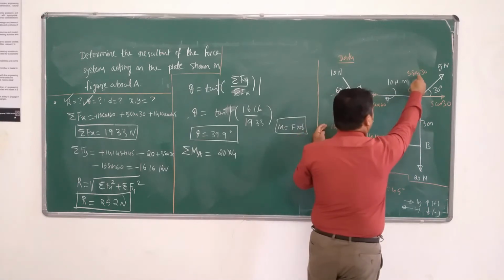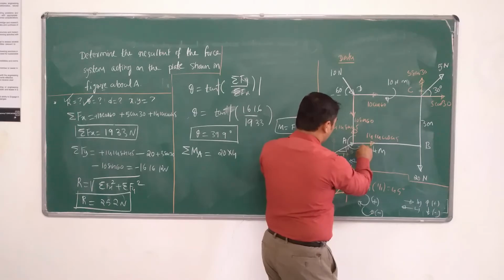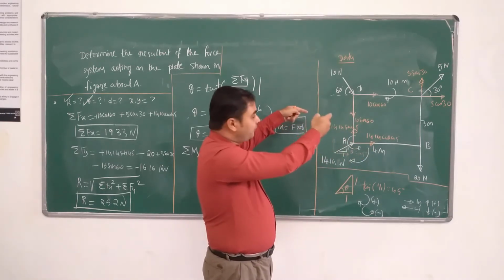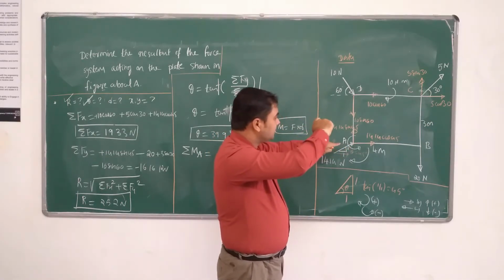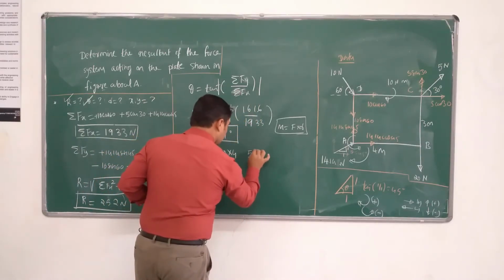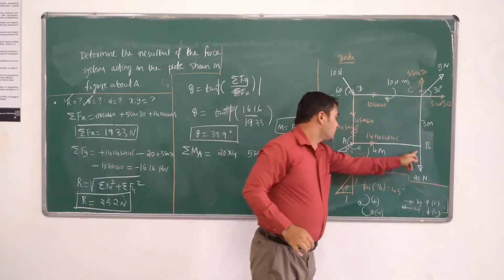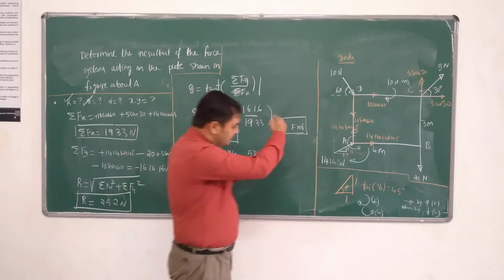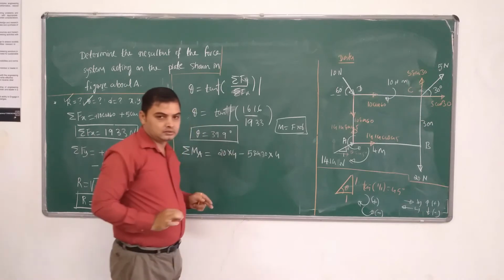This force will create an anti-clockwise moment about the point A. You can just imagine the rotational effect of that force about the point A. Therefore, 5 sin 30 is the force, its distance about A is 4 meter, and since it creates anti-clockwise rotation, I consider this as minus.